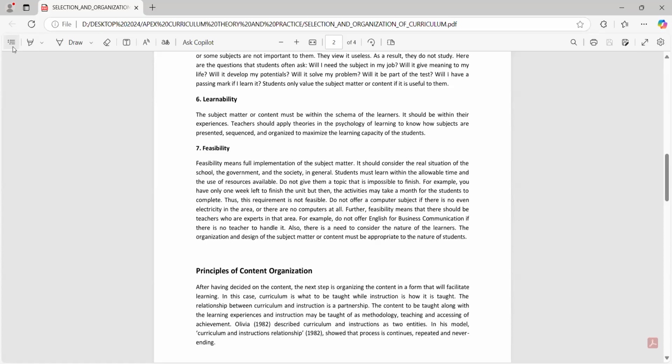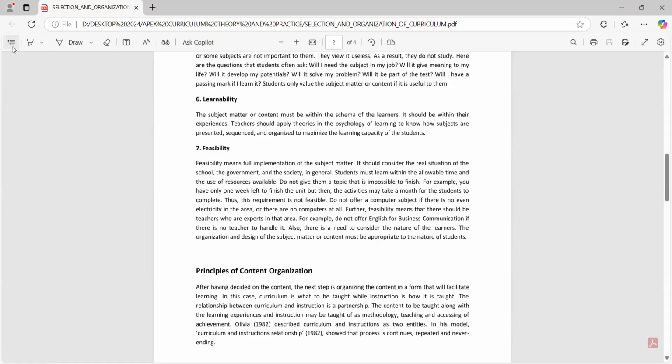So now here feasibility is practically whether it can be implemented, whether it can be taught practically. Now, what are the practical issues that we cannot teach the content? One issue is no good teachers, no facilities. You can't teach computers when they don't have electricity, right?